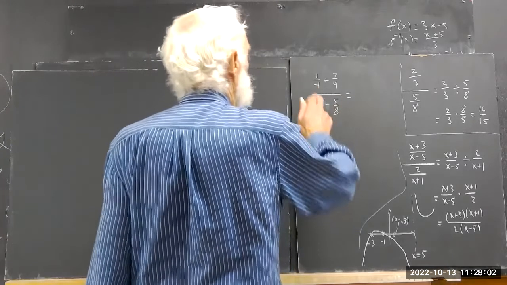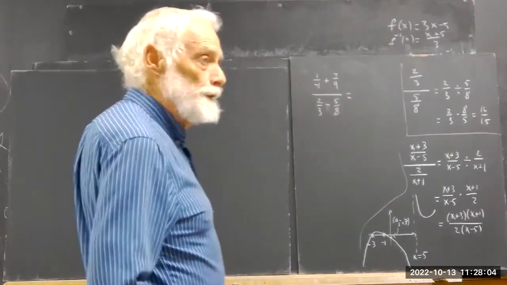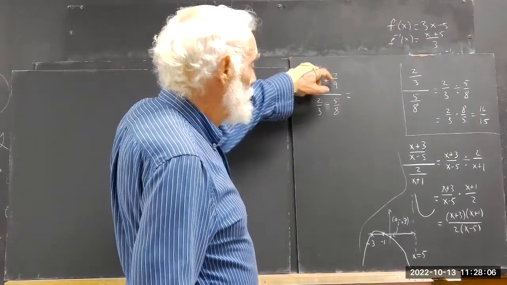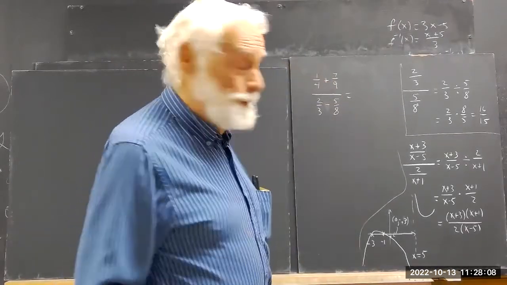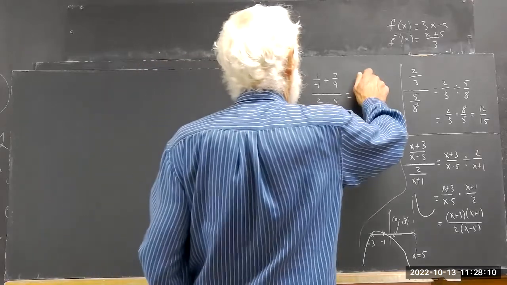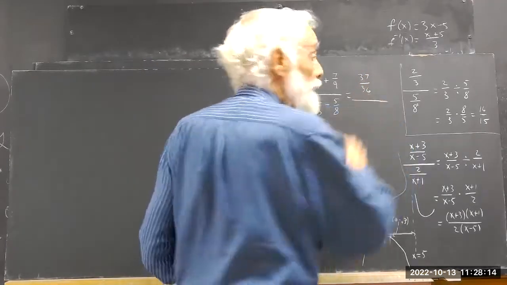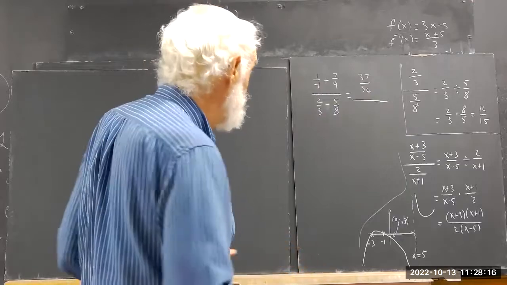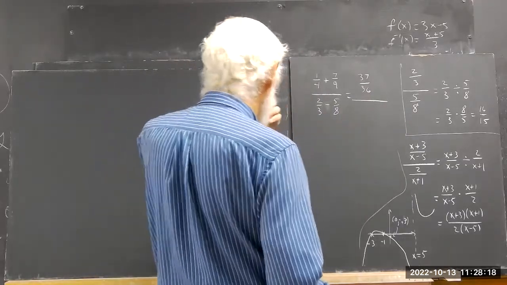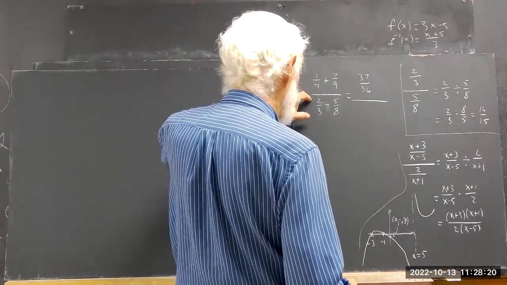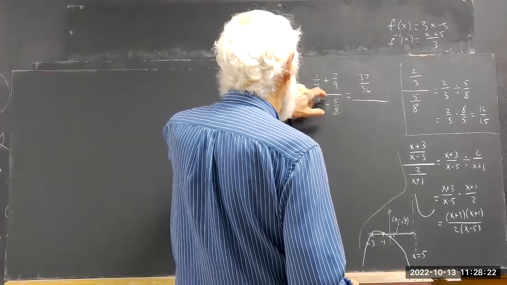So when we do this, we're going to use a common denominator of 36 here. We're going to get 9 over 36, 28 over 36, which is going to add up to 37 over 36. Is that right? Okay. And here we're going to have a common denominator of 24. We're going to get 16 minus 15.